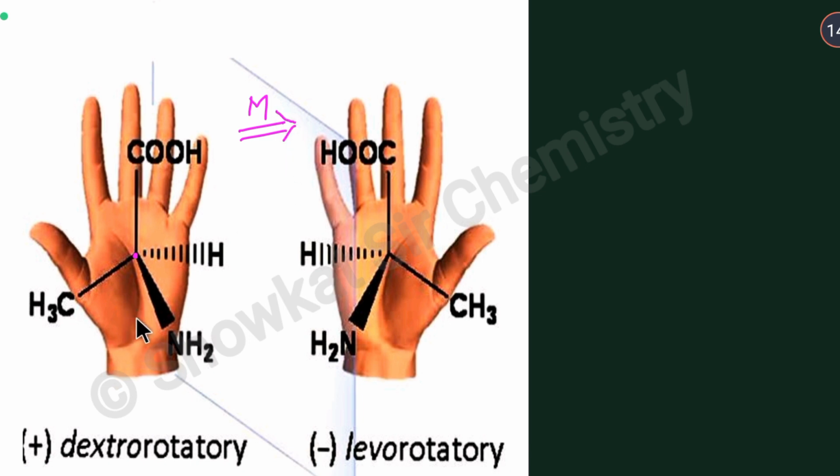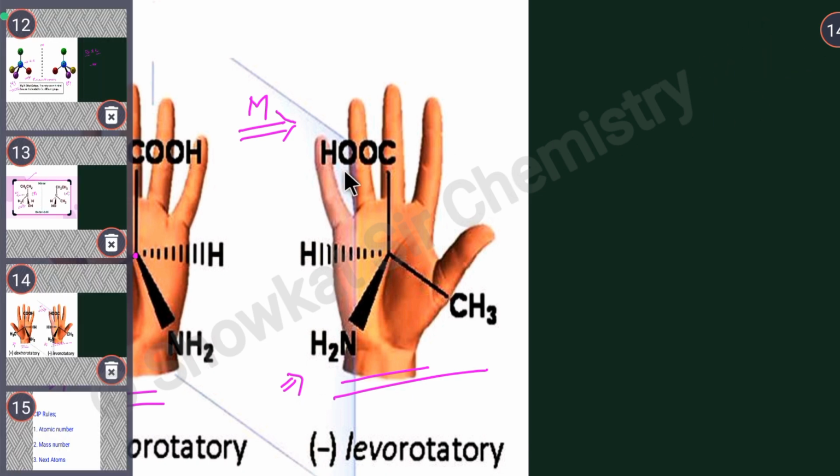The same is the case. That's why we call these non-superimposable mirror images. Your right hand is the non-superimposable mirror image of your left hand. For example, if this compound is dextrorotatory, then this one will be levo. So if it rotates the plane polarized light towards the right, then the other will rotate it towards the left. I hope you have understood this.